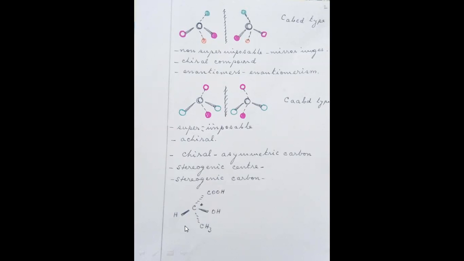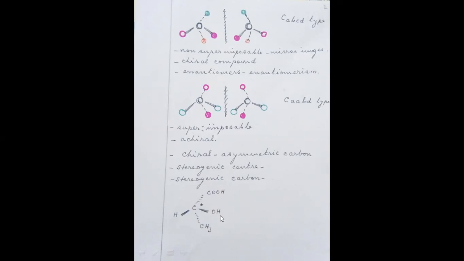You can simply compare this structure which I have drawn at the bottom of the sheet and the top of the sheet. So look here. So these two are non-superimposable mirror images. They are chiral compounds.